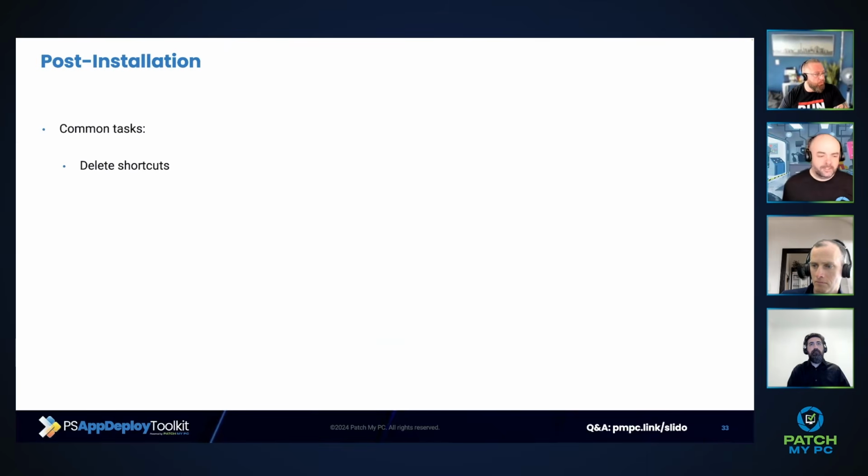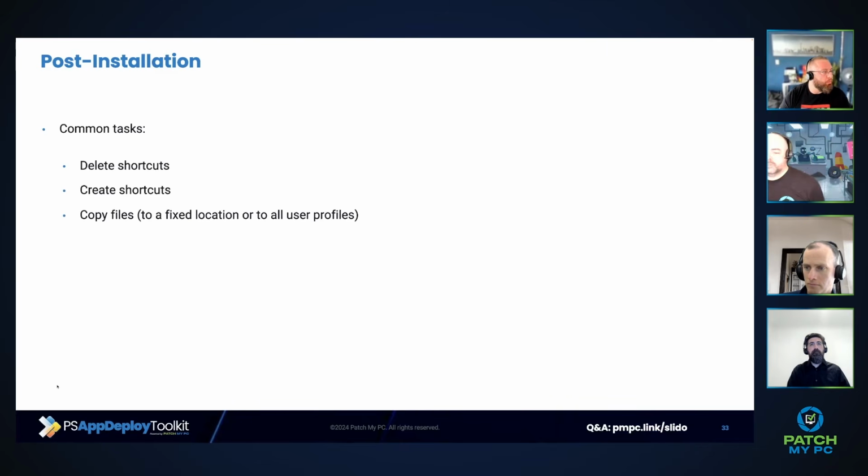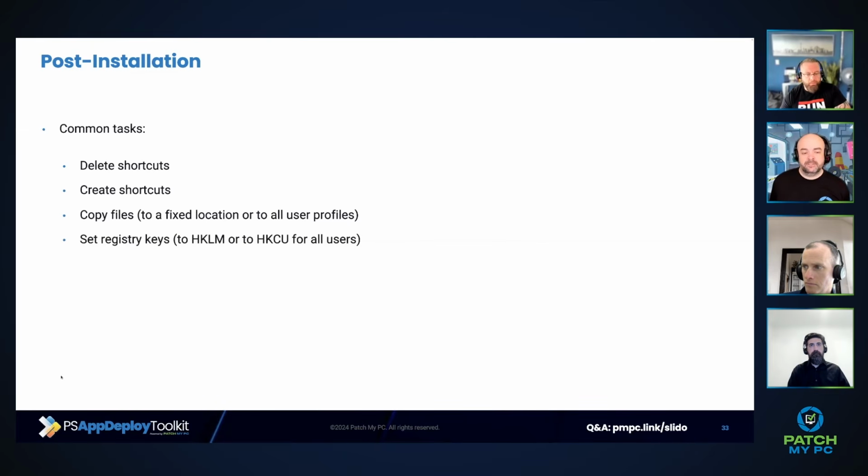We flicked back earlier to the config XML, which showed the default parameters that will be used for every MSI installation. The add parameters thing here that we have just appends whatever you supply to those defaults. You can also have dash parameters instead of add parameters, and it will replace those defaults.